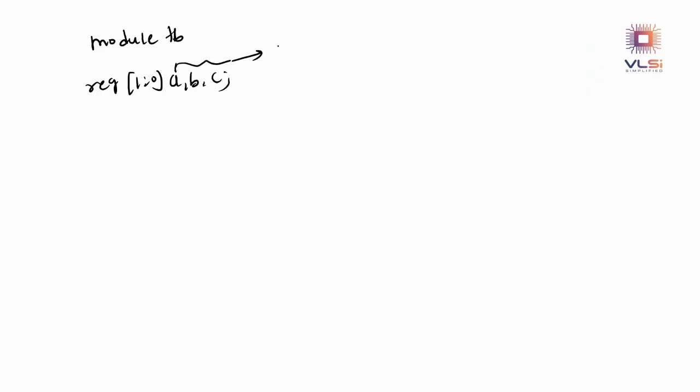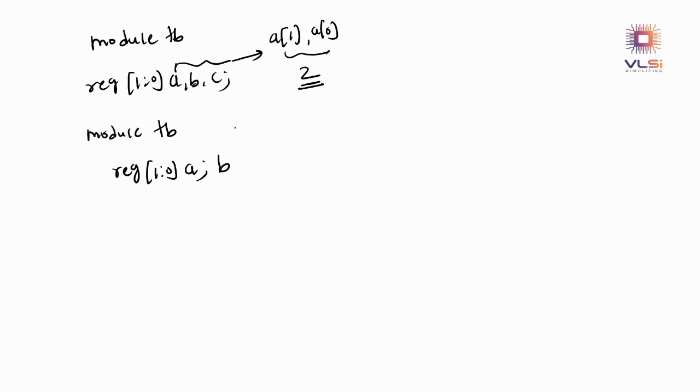It is 1 down to 0, so it will be a[1] and a[0]. So the width is 2. Here suppose I consider module tb, reg [1:0] a, and if I put a semicolon and then b, here you will get an error. Why?